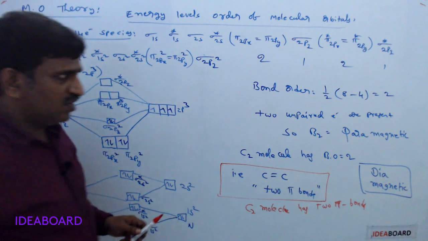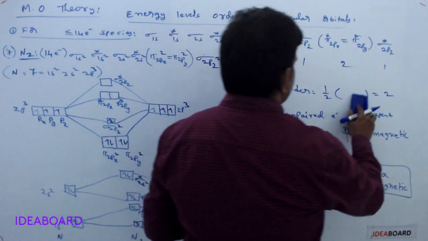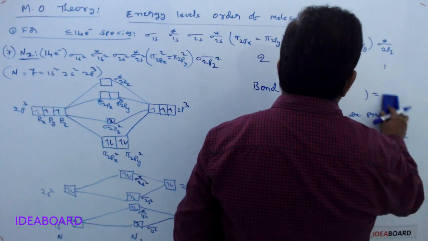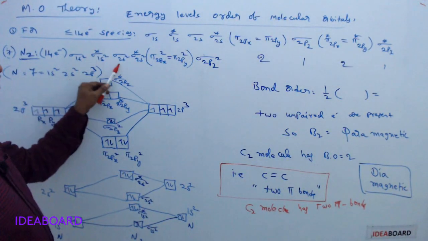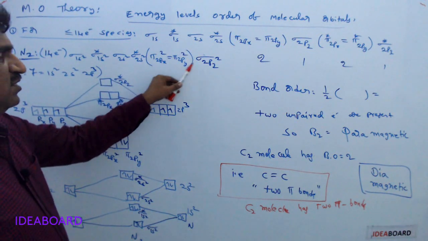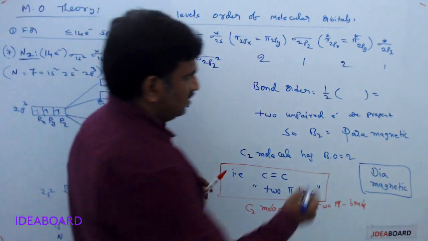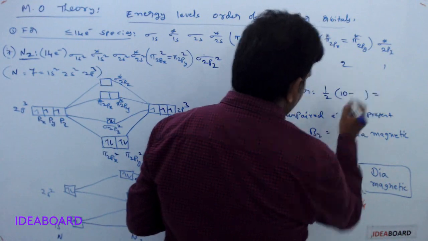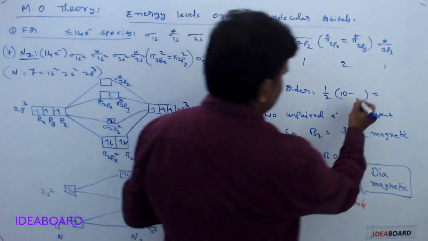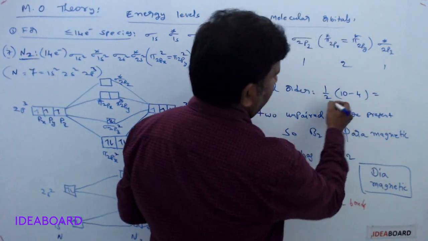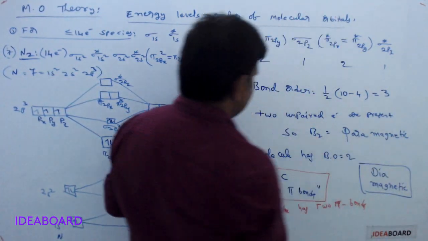And for this we are calculating the bond order. Here, how can we calculate the bond order? Same, bonding electrons 2, 4, 6, 8, 10. 10 electrons are present in bonding, minus anti-bonding, no change, 2, 4. So 10 minus 4, 6 by 2, you will get 3.